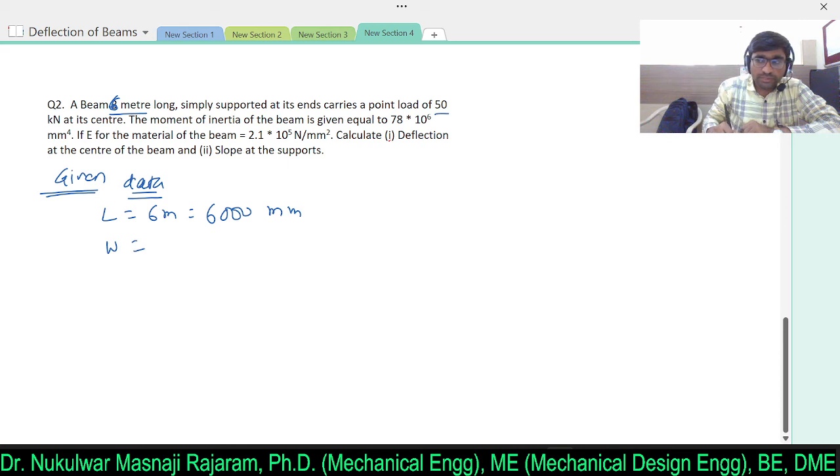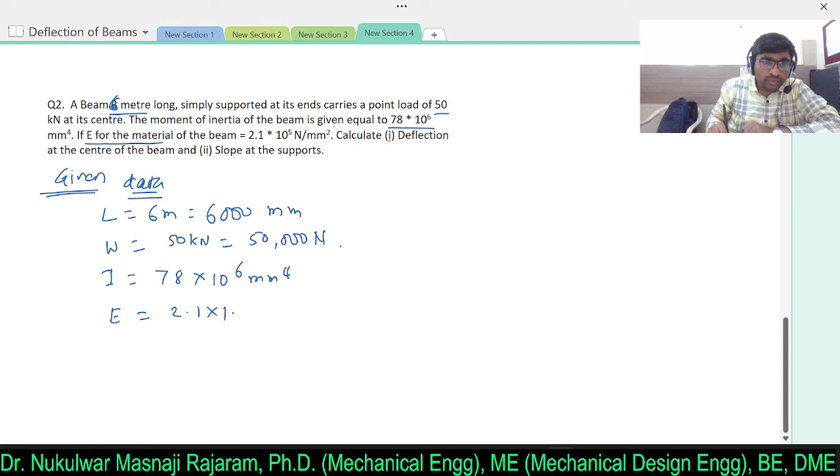The value of W is given, 50 kilo Newton, so I will convert it into Newton. Moment of inertia is given, I equal to 78 multiplied by 10 raised to 6 mm raised to 4. Now the modulus of elasticity for the beam material is given, E equal to 2.1 into 10 raised to 5 Newton per mm square.